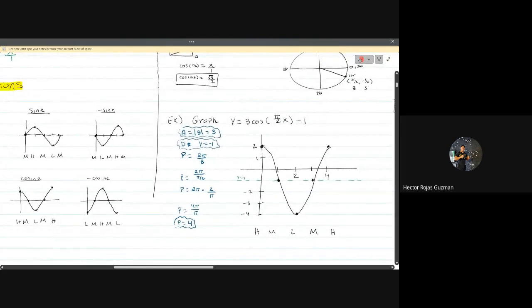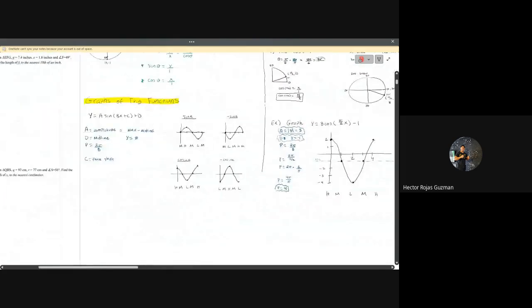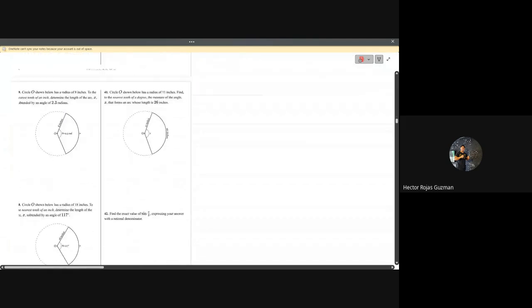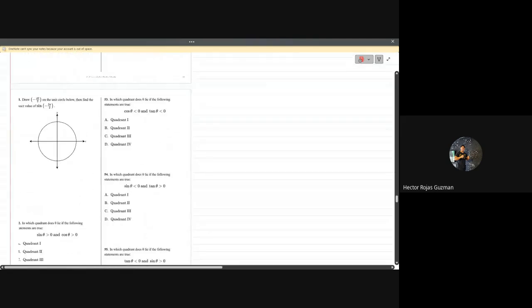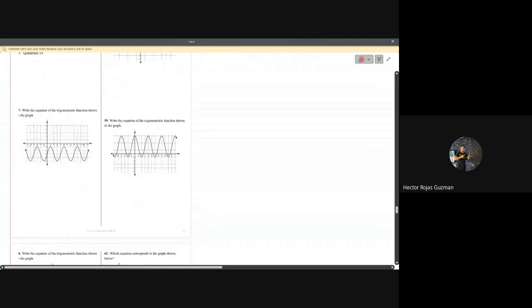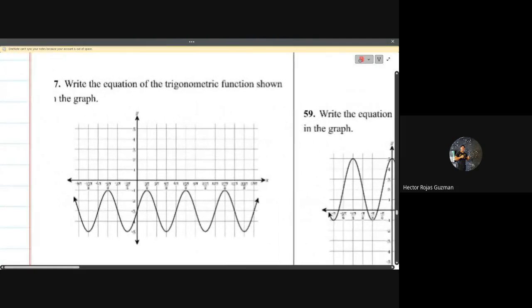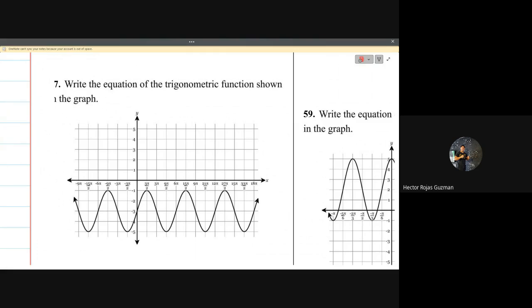Let me go to maybe question number 57, and I'll do that with you guys. Write the equation of a trigonometric function. Okay, the same thing, but we have to go backwards. The easiest thing you can find is probably the midline.